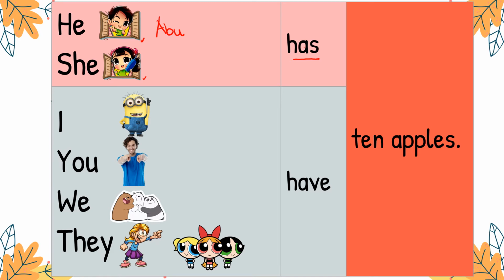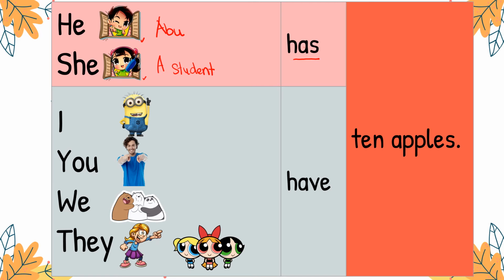Sebab Abu ialah seorang. So, Abu has 10 apples. Kalau kita guna a student, okay, seorang budak, dia akan jadi has.